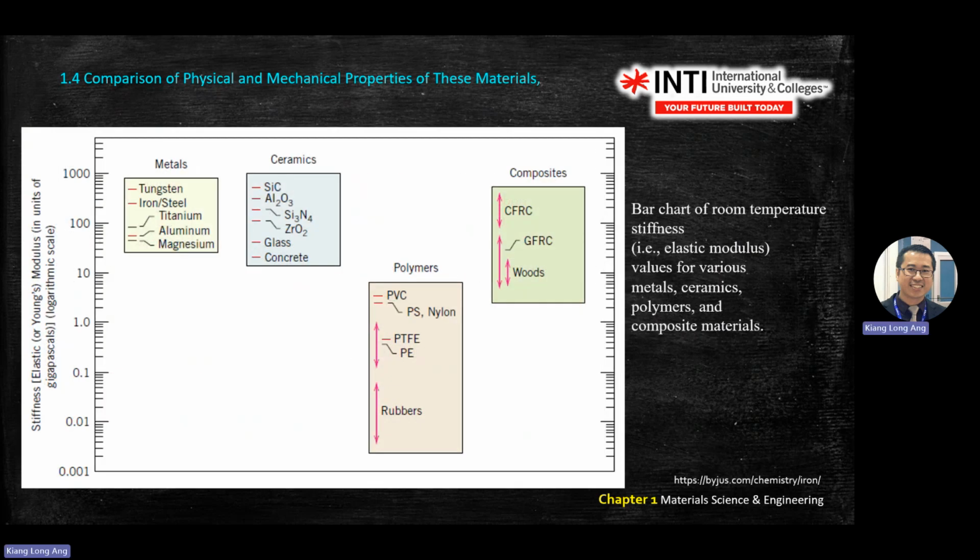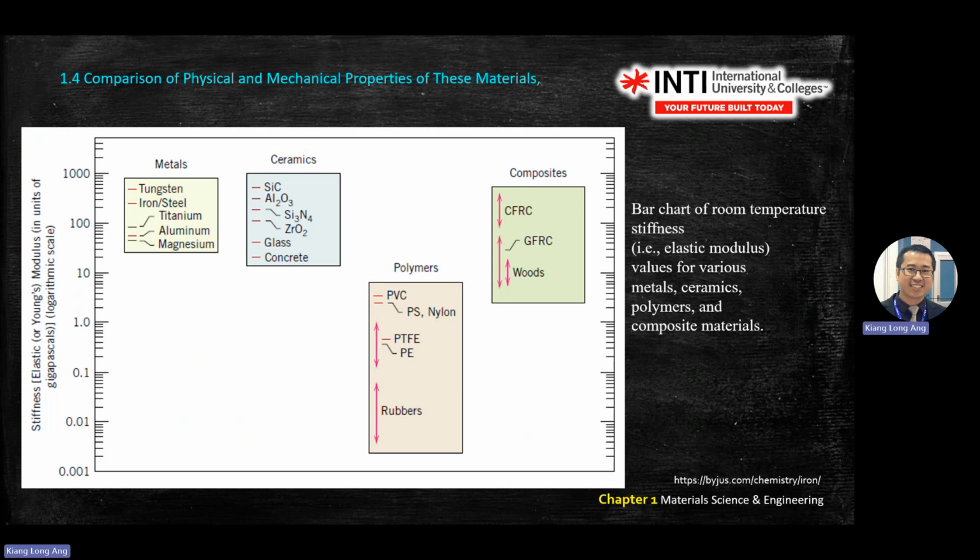Okay, next slide. This one is on the room temperature stiffness. Stiffness is the ability to elongate. So you can see metals are quite high compared to polymer. Polymer, they easily break when you have a high force, like rubber, you pull at a certain force, it will break.